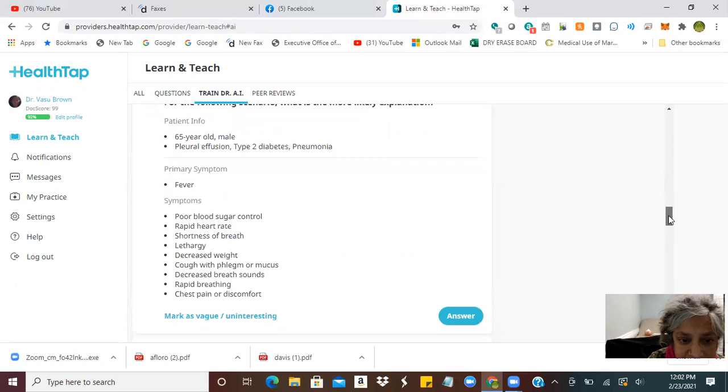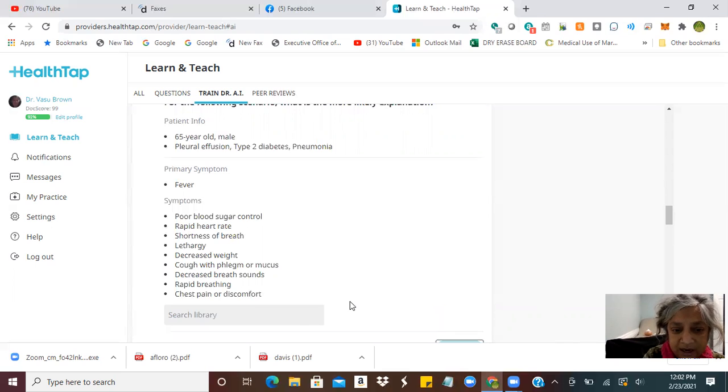Poor blood pressure control, rapid heart rate, shortness of breath, lethargy, decreased weight, cough with phlegm and mucus, decreased breath sounds. All this signifies that because his immunity is low, secondary infection is high, and because I don't want him to go into sepsis, diabetic ketoacidosis would be my first thinking.